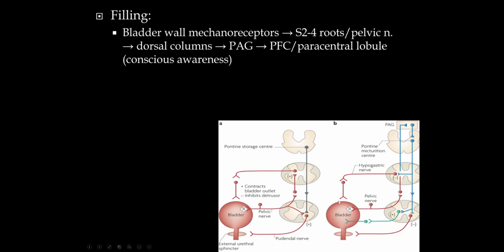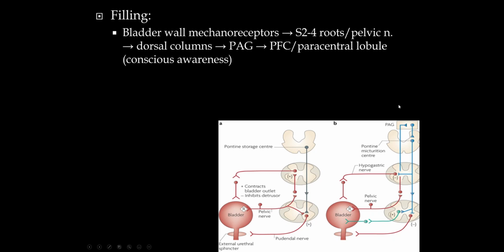Now, I should also say that that information also reaches areas higher up in the brainstem. So it goes up to the periaqueductal gray. And remember that this is the area around the cerebral aqueduct in the midbrain. And not shown on this diagram, but this also goes up to the paracentral lobule in the prefrontal cortex.